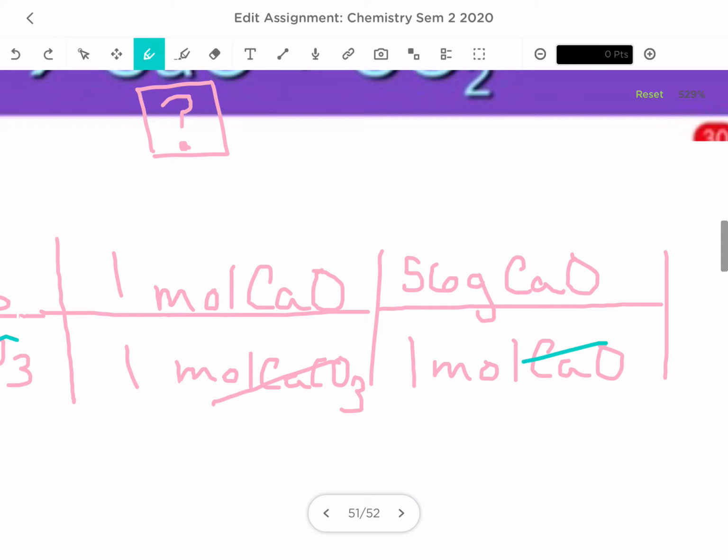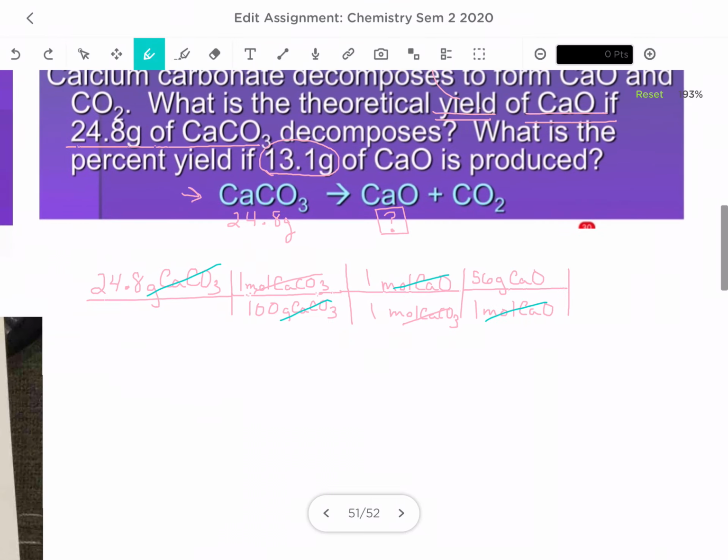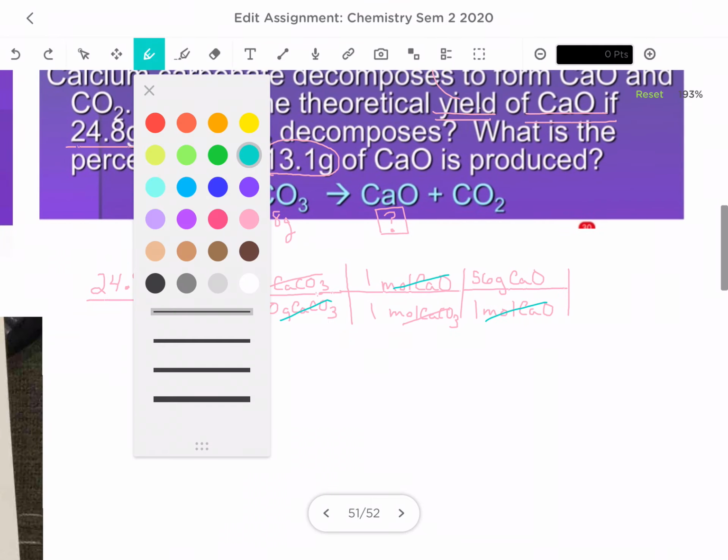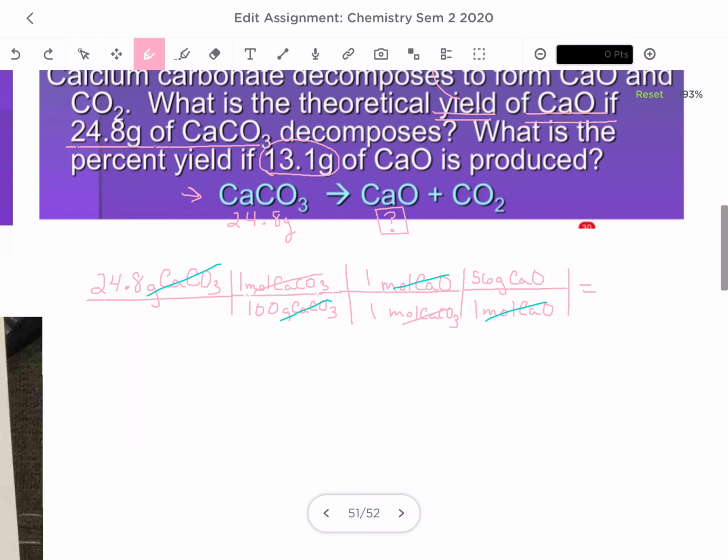Now I need to cancel out my units, and I'm in grams of CaO. So let's see what my answer is going to be. Equals. Okay, so I'm going to multiply everything on the top, which is 24.8 times 56, which is 1388.8, divided by 100.